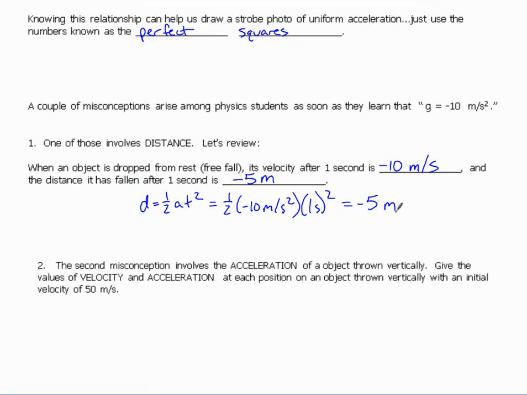The second misconception involves the acceleration of an object that is thrown vertically. So give the values of velocity and acceleration at each point on an object thrown vertically with an initial velocity of 50 meters per second. So here we have a ball thrown vertically.